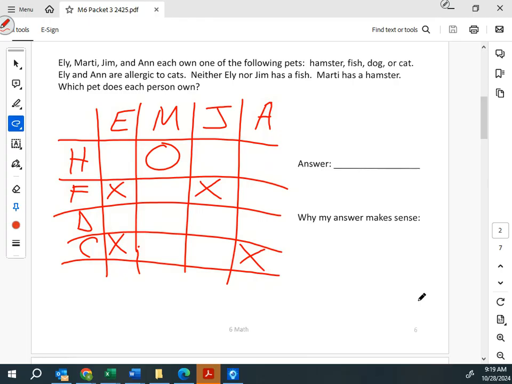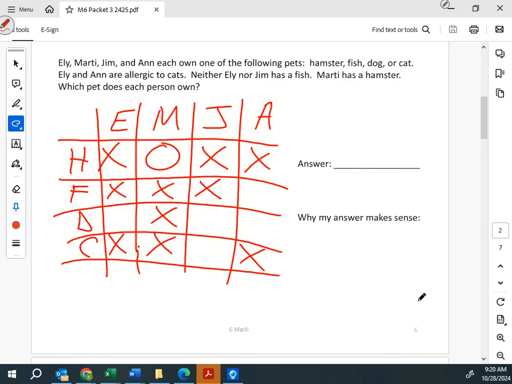So what does that tell us about Marty and the other pets? He doesn't have any other pets. We're going to cross those off. What does that tell us about the other people with the hamster? Can anyone else have a hamster? No. So we have to cross that hamster off for everyone else. Does that help us narrow down some of our choices?